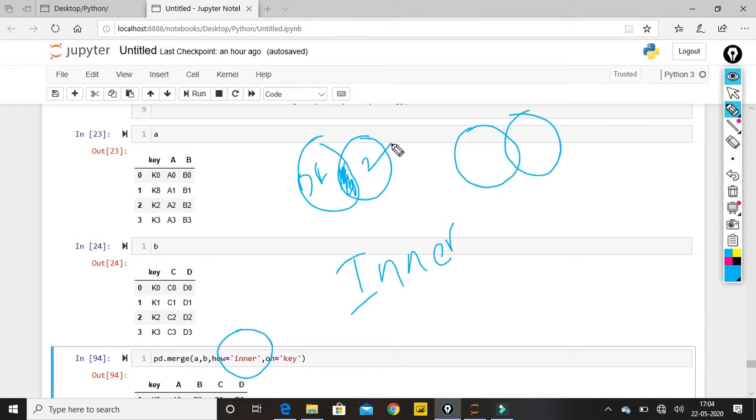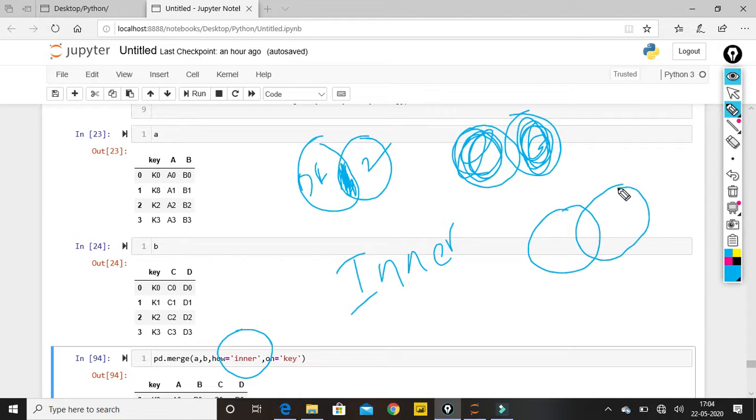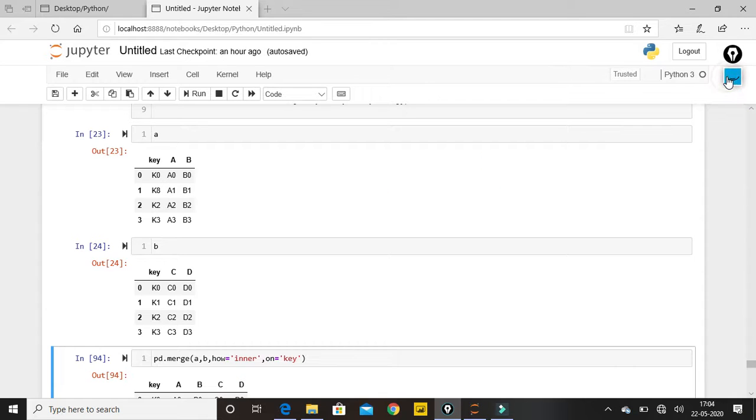The common data between these two, it will give us as output. And similarly, outer means it will give the uncommon data, or the union of the two data frames. Similarly, there are two more types: left, in which it will only give us the left data, and right, which is nothing but the right data. We'll see all these things in our upcoming videos.